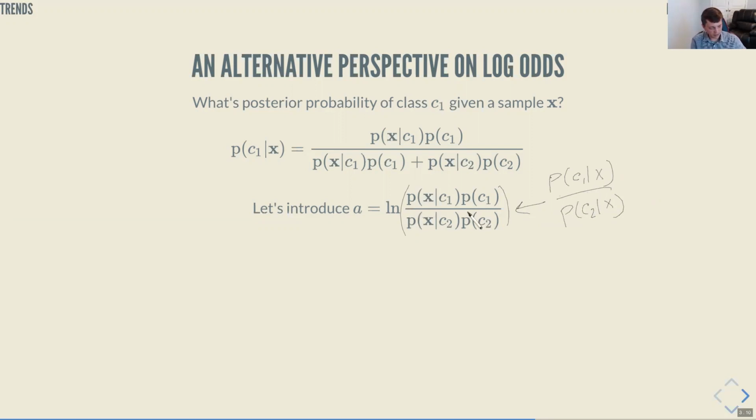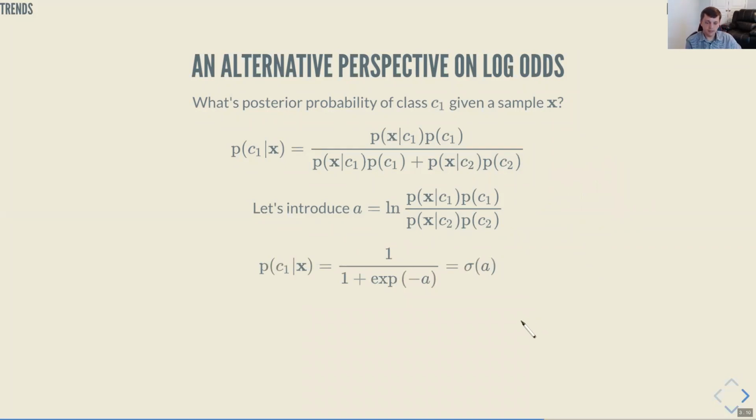When we introduce this quantity A and plug it into this equation, we arrive at sigmoid. And our sigmoid function now is a logistic sigmoid with respect to A, with respect to the ratio of posteriors. And, you know, log is a monotonic function.